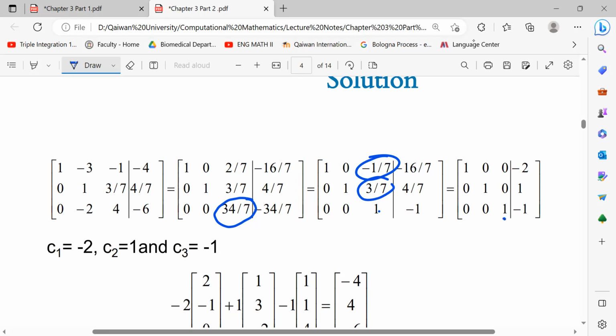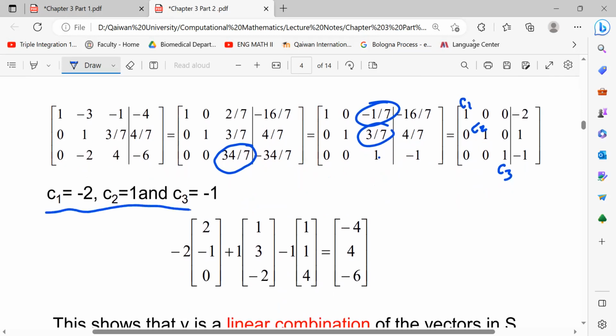So here, this is C3. C3 is -1, C2 is 1, and C1 is -2. As you see, we could get three values for C1, C2, and C3. Also, it's okay if one of them is 0. If they are 0, it's okay also.